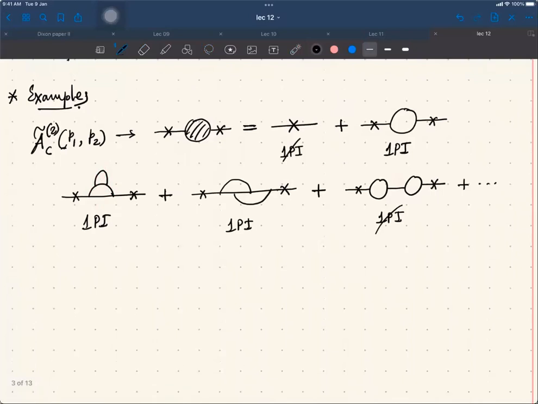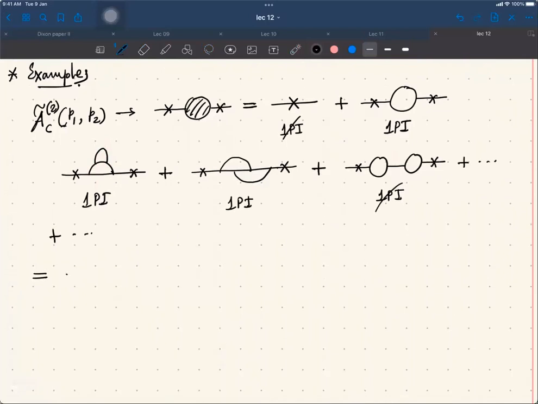Then one can convince oneself easily that if you collect all these 1 PI diagrams and non 1 PI diagrams, they must have this type of structure.